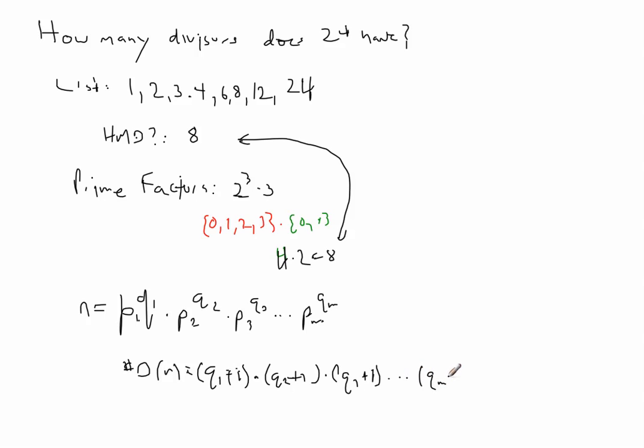So you take the exponent, you add 1, and you multiply it. All right, that gives you a number.